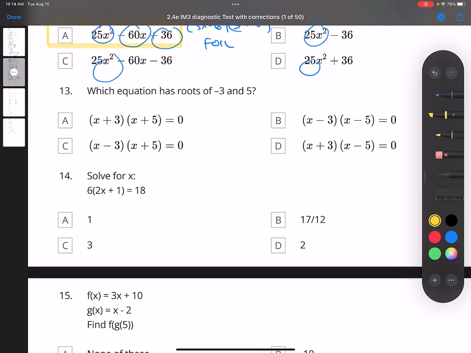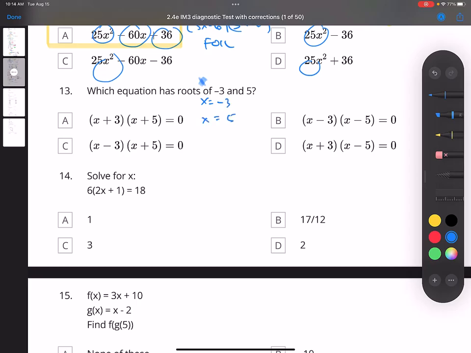Number 13, which equation has the roots of negative 3 and 5? This is quadratics in factored form, so x equals negative 3 and x equals 5.